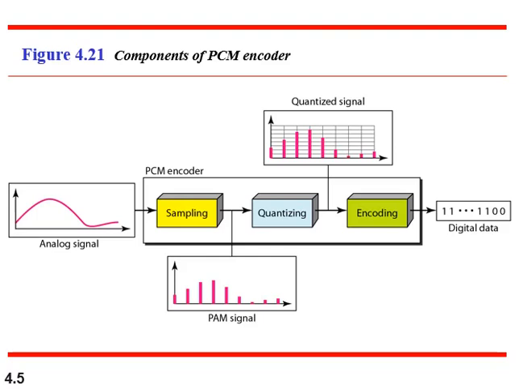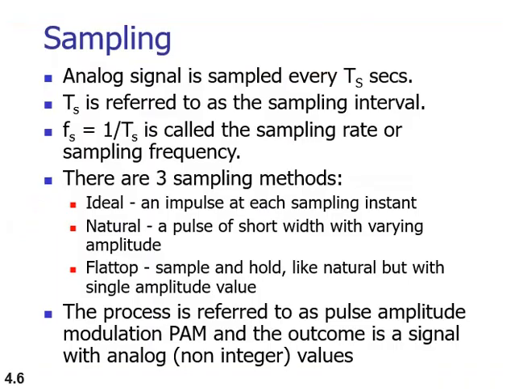Sampling is the first step in the PCM encoder, wherein the analog signal is sampled in a duration, say Ts, that is sampling every interval. The inverse of the sampling interval is called the sampling rate or sampling frequency, which is denoted as Fs, where Fs is the reciprocal of the sample interval.